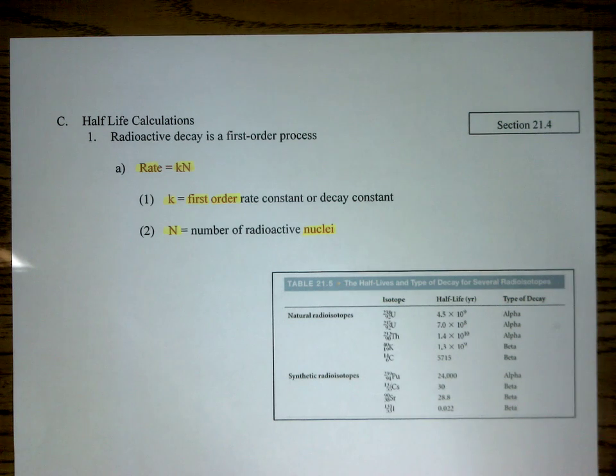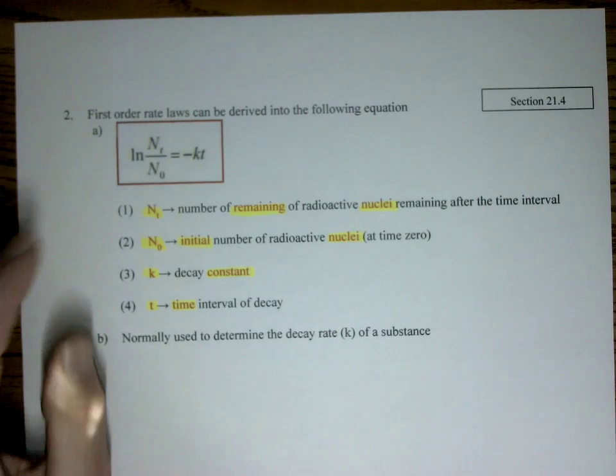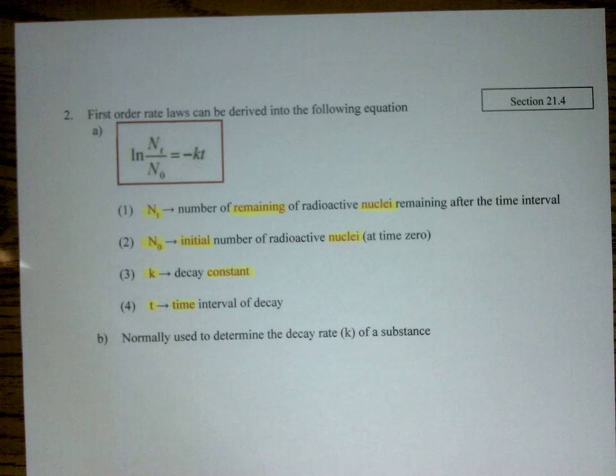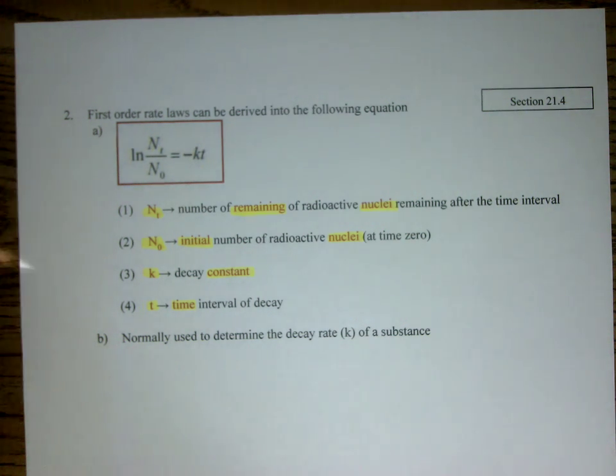And the reason that it's much more useful is because we can have initial and amount of substance at a particular time. So what this formula allows us to do is look at any amount of quantity that has decayed. It doesn't have to just be a perfect half-life.